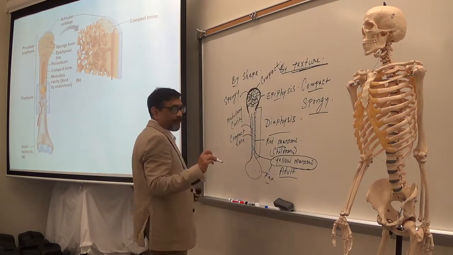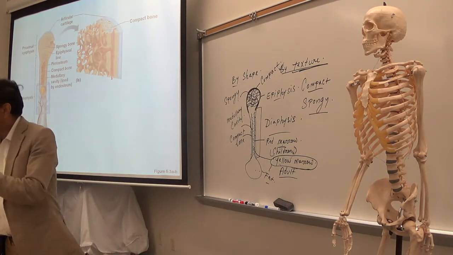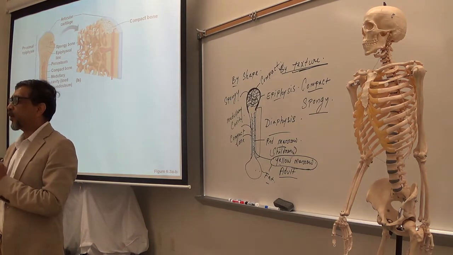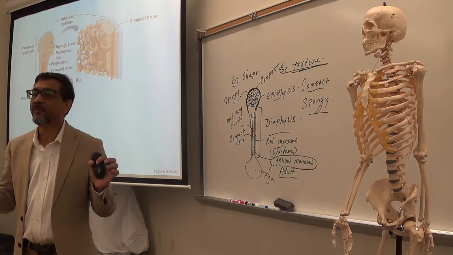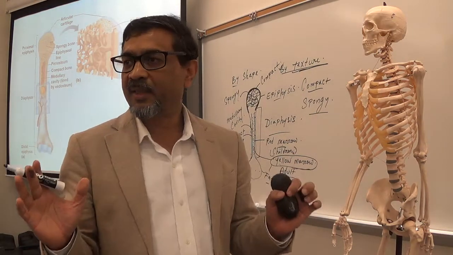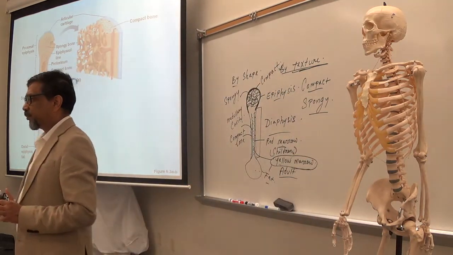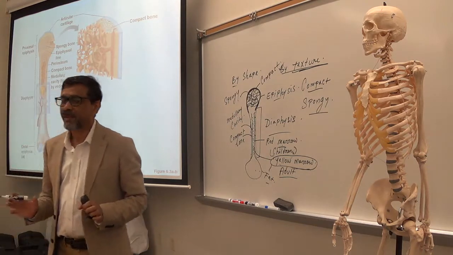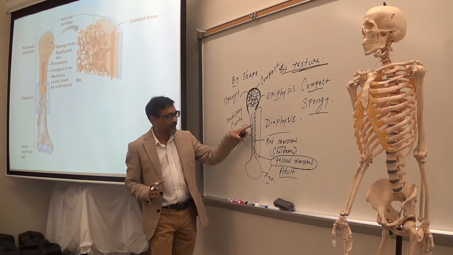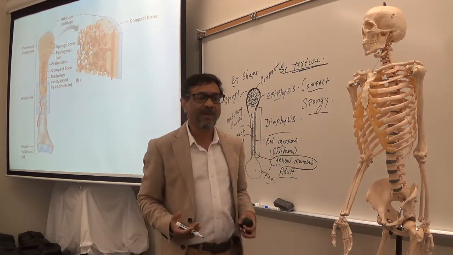One thing, remember, very important, you write it down: inside the spongy bone, you will find the red bone marrow throughout life, whole life. Always. But inside the medullary cavity, as you already know now, in early part of life you have red bone marrow, but it is replaced by yellow.